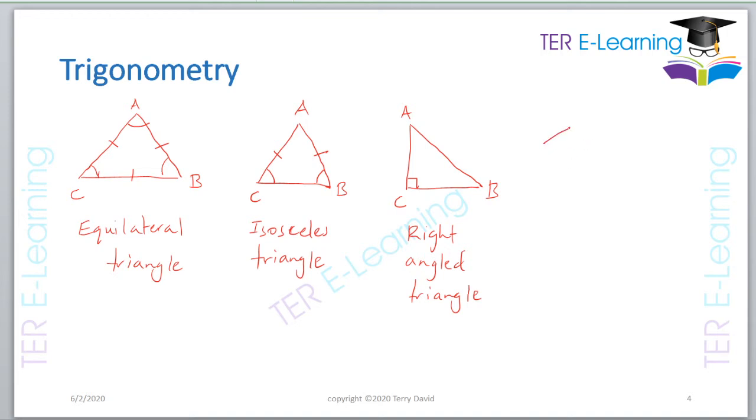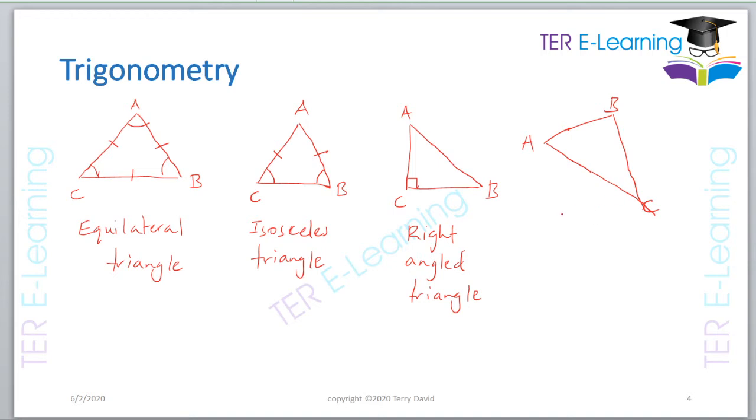Then we have another triangle that looks something like this. Let's say we have this. Right? In which case all the sides and all the angles are different, right?